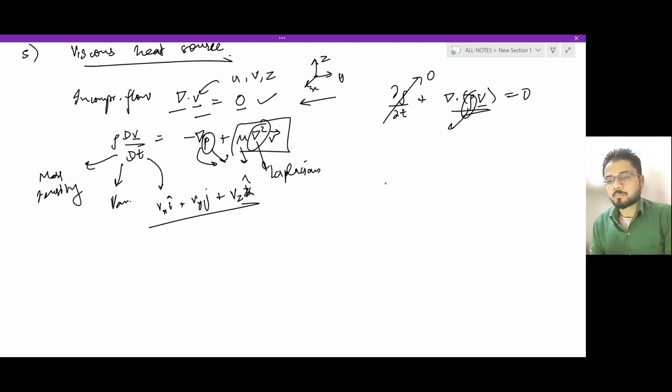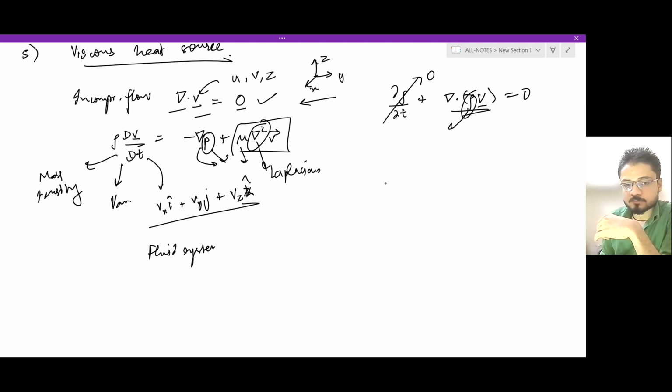Now, one thing is that you might have seen and modeled a lot of fluid systems. By the term fluid systems, I would mean something like maybe a channel flow, where you are pushing fluid through the inlet and you're receiving fluid through the outlet.